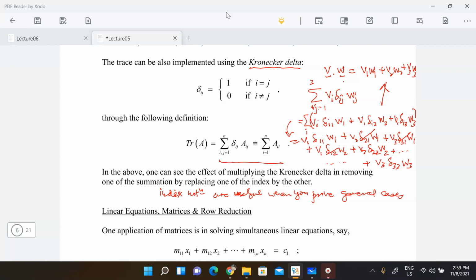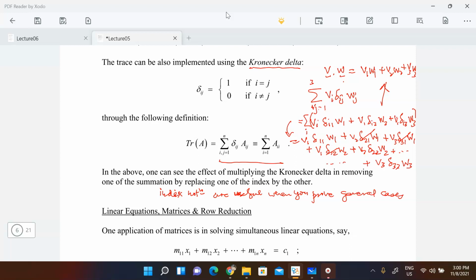If you have matrices given by numbers, then you can do it without going to the index notation. The index notation is just useful when you have general statements, general cases, where your matrices are not explicitly given.